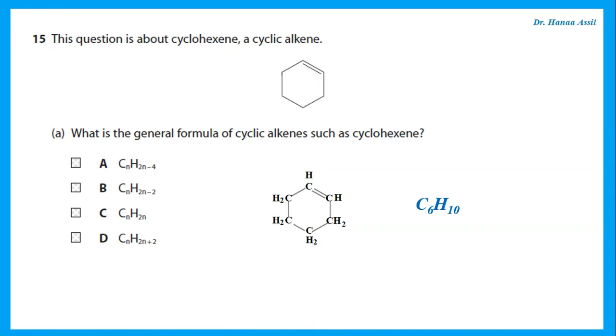So if I were to write a general formula, remember how to write a general formula? We said to write a general formula, it is CnH something. So if I say n is 6, what is H in this case? This would be twice n minus 2. So 2 times 6 is 12, minus 2 is 10, so it is CnH2n minus 2.